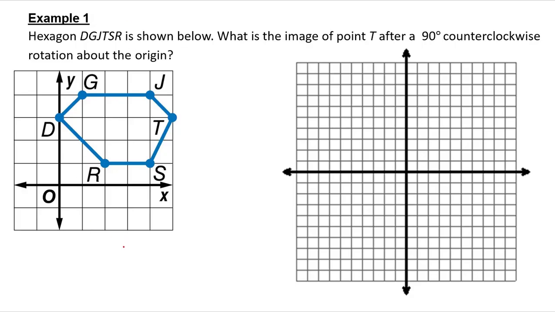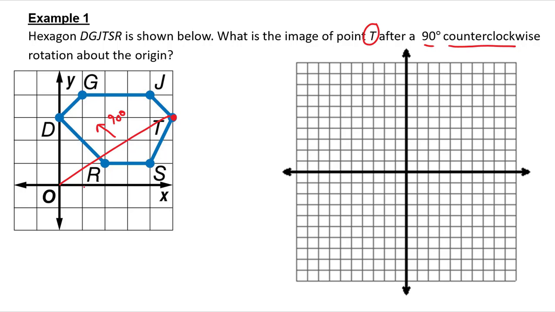Okay, so this hexagon shown below, what is the image of point T after a 90 degrees counterclockwise rotation about the origin? So T is here, and I need to go 90 degrees that way.